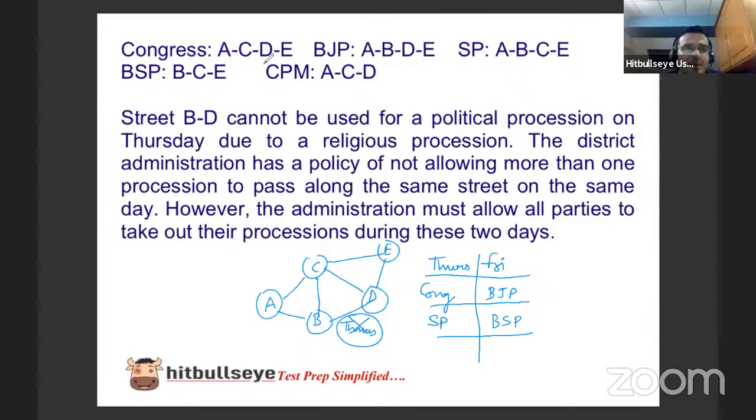Let's check. Congress ACDE. Let me mark it in a different color. This is Congress ACDE. This is Congress, right? Let's choose a different color for SP. SP is what? ABCE.